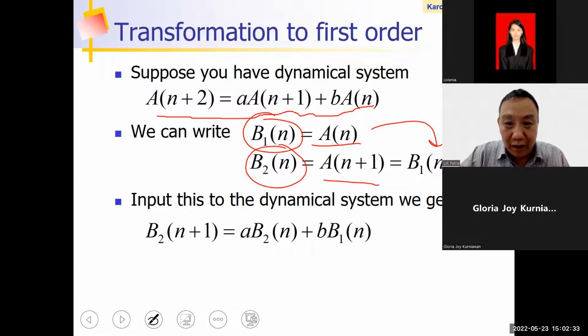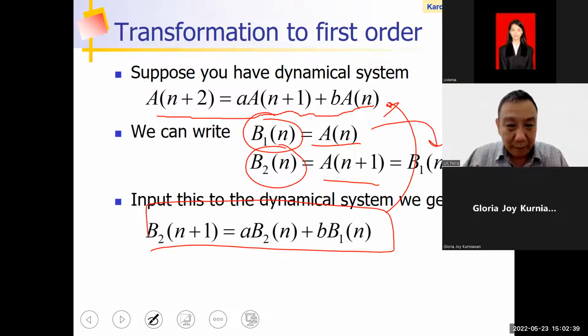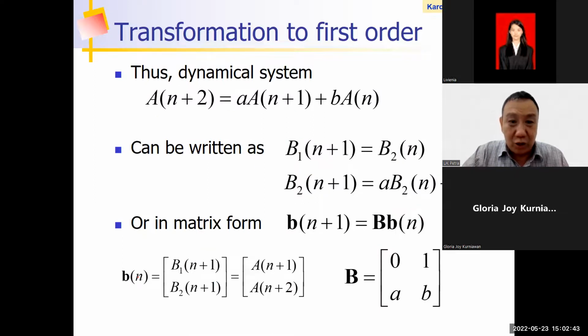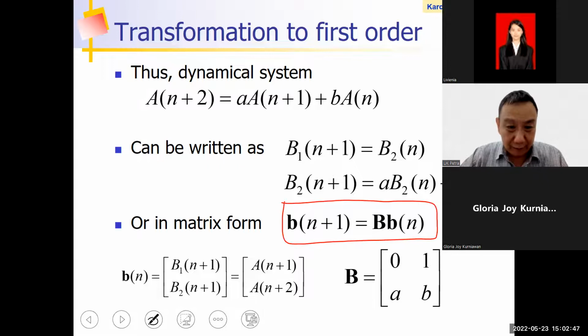Then I put it back here, and I will create a new dynamical system, and that new dynamical system will become a matrix like this.